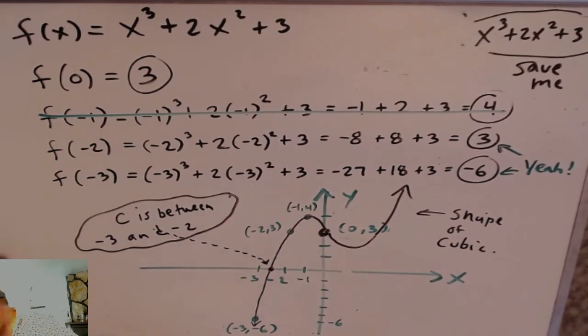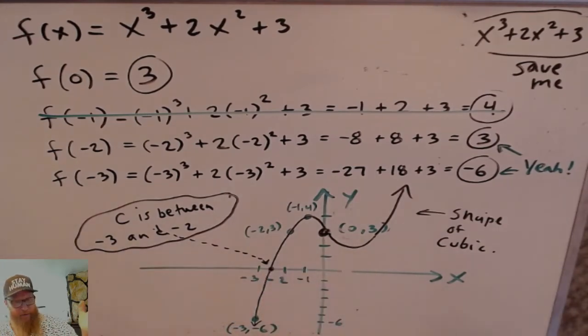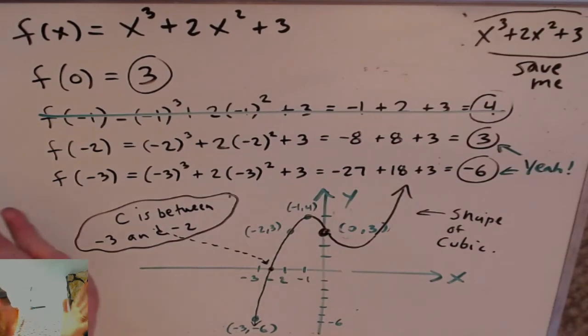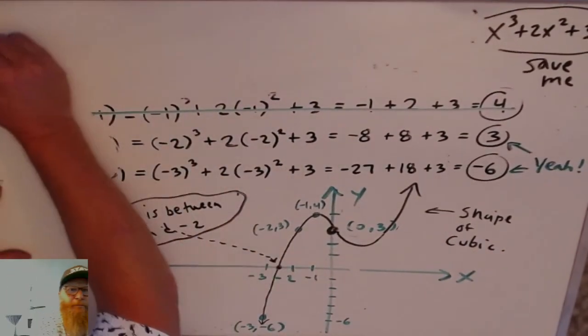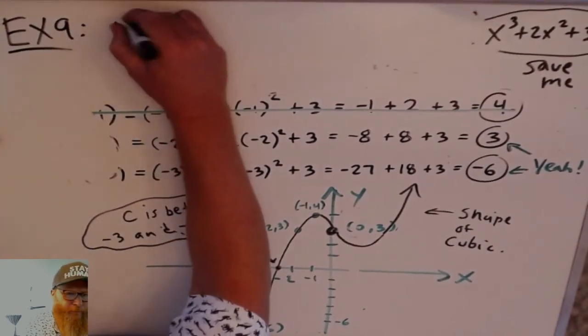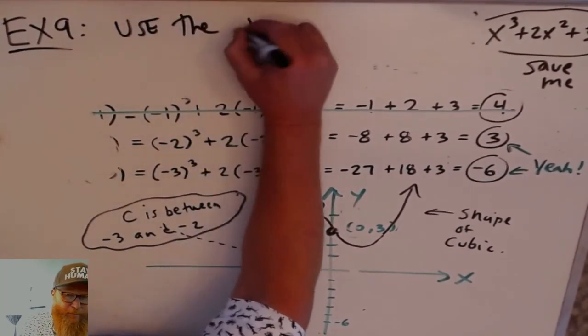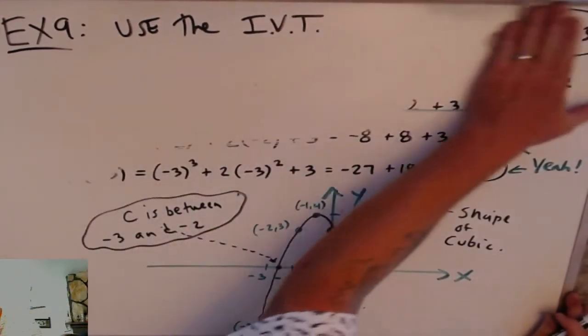For the remainder of the questions, I'm just going to solve them, and I'm not going to actually draw the graph, although I might do a rough sketch just to give you the idea. The last couple examples are just using the theorem. It's called the IVT, the intermediate value theorem.